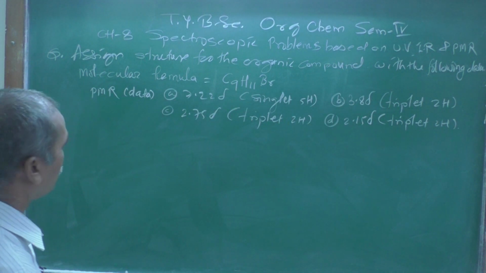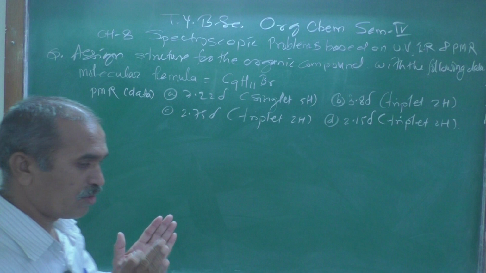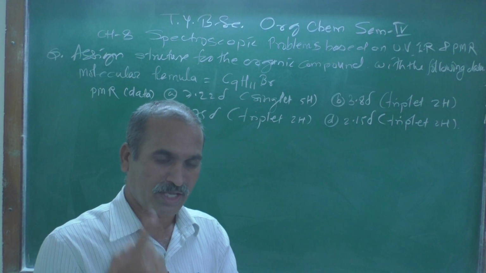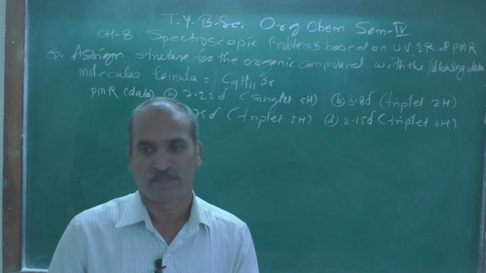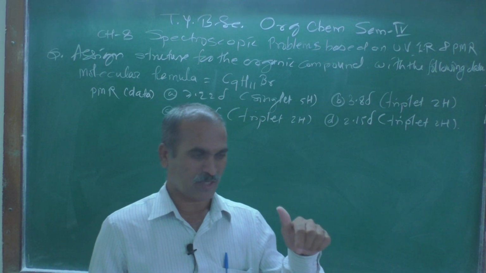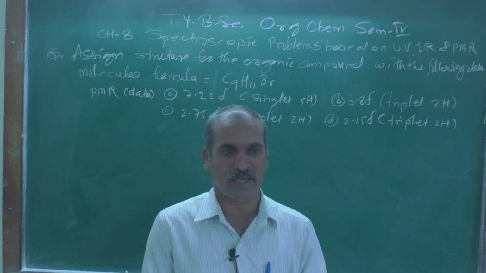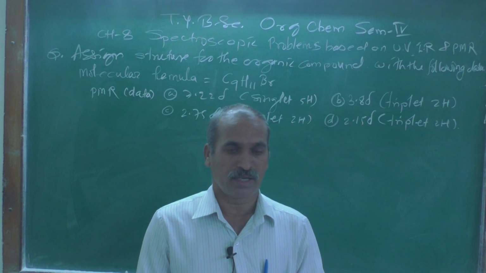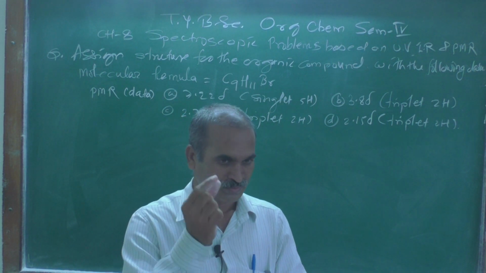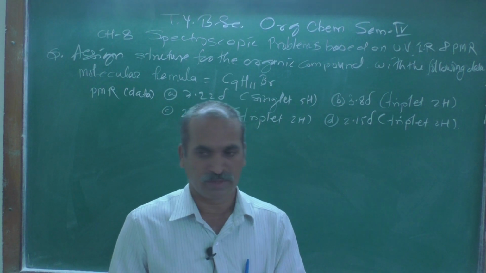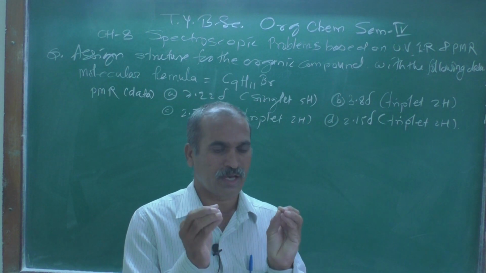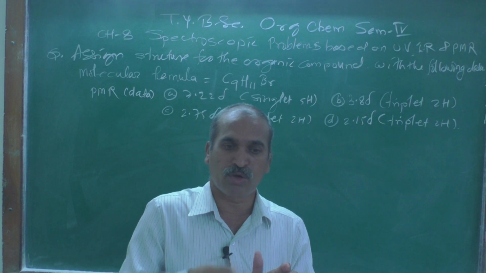So let's see. We are going to solve this problem step by step, because spectroscopic problems based on UV, IR and PMR are very interesting once you know the basic thing about how to solve them.